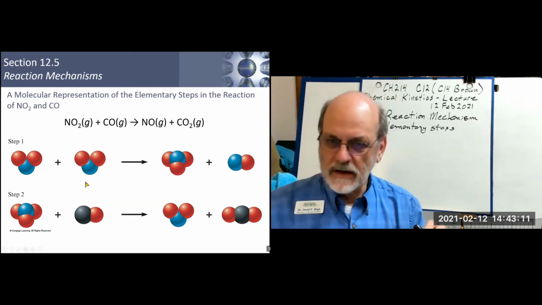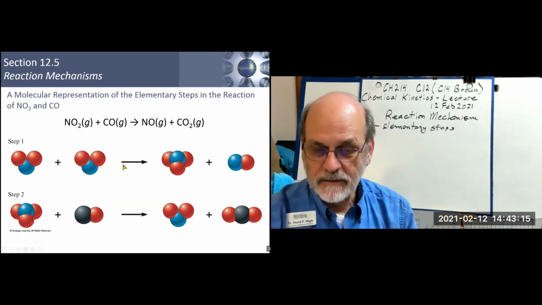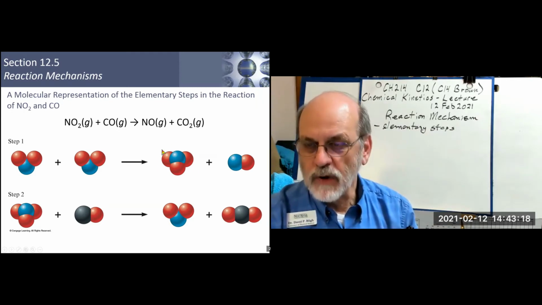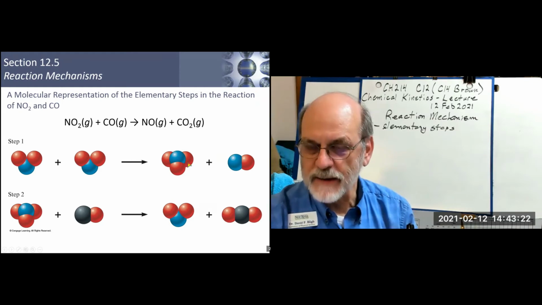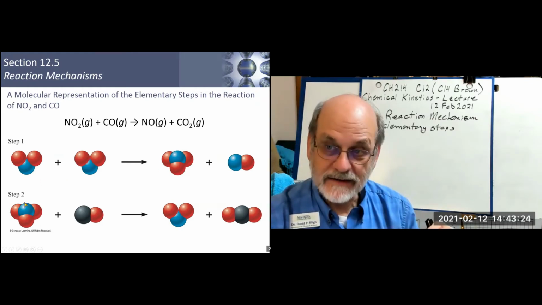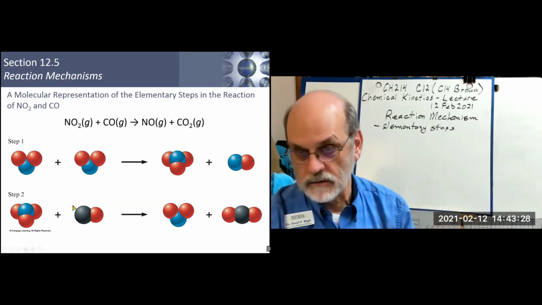So the rule is, when you're adding equations together, if you've got equal molar amounts of a product in one step and the reactant in another step, they cancel because they're on opposite sides of the arrow.